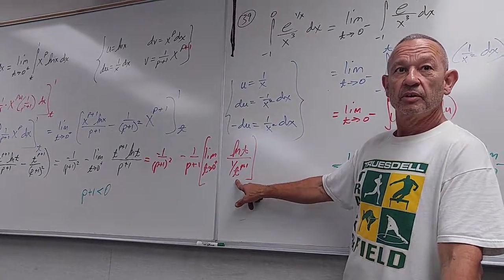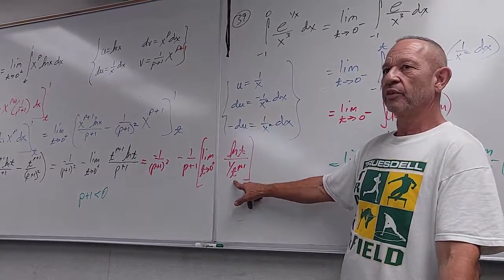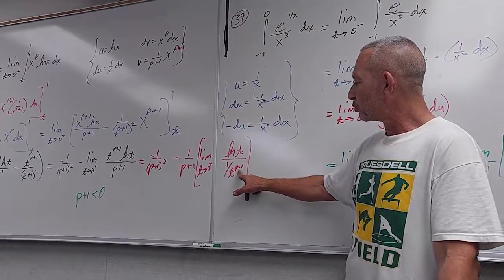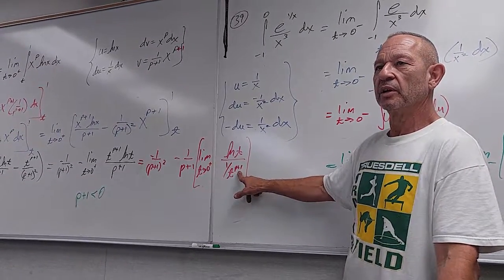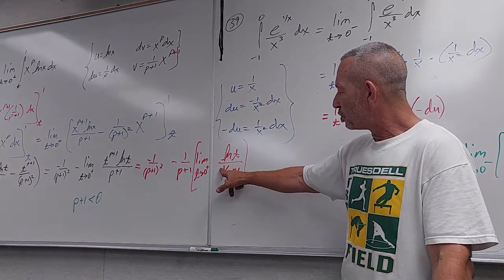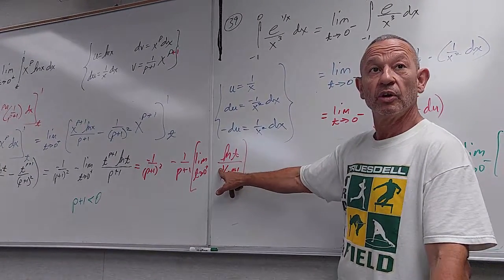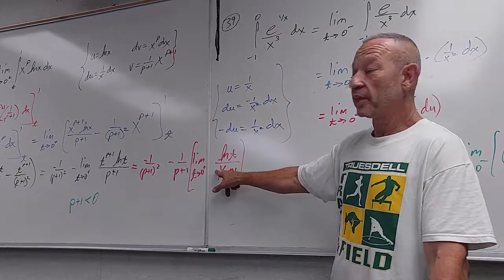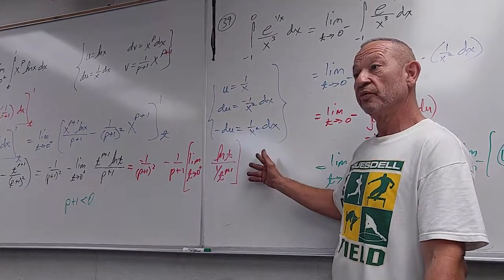Yeah. Depends on what p is. What if p plus 1 is a negative exponent? Then that t is in the numerator, and when t goes to 0, I get a 0. Then I have infinity over 0, which is infinity.